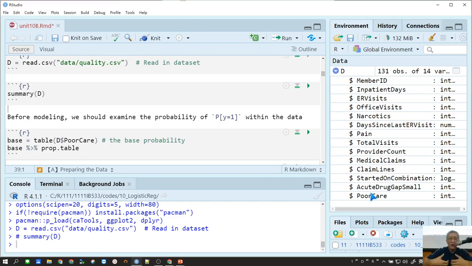Because we are a medical insurance company, we have the medical records of some of our insurance customers, and some of my customers have diabetes.